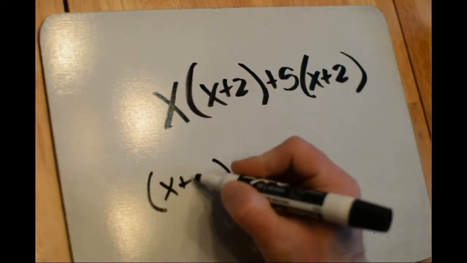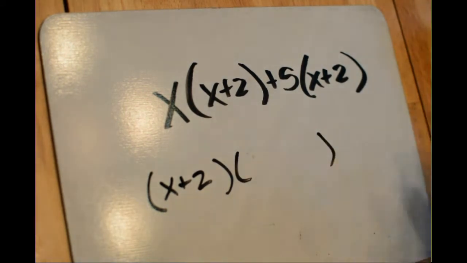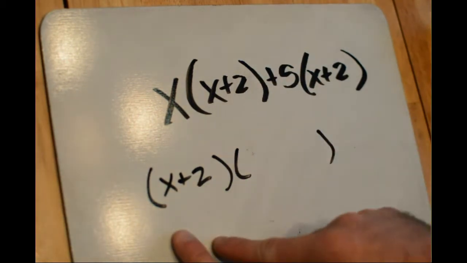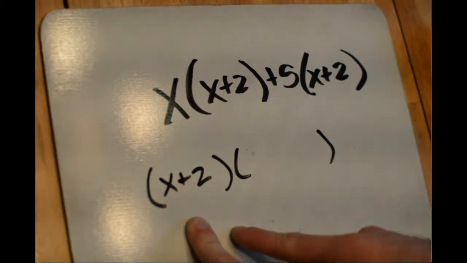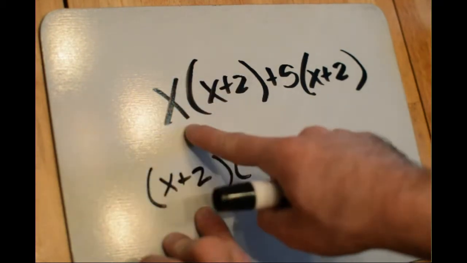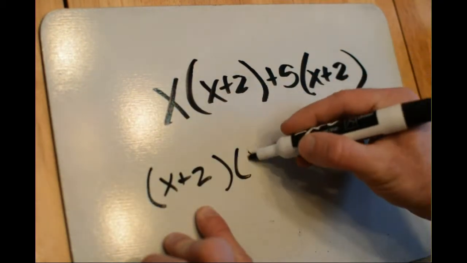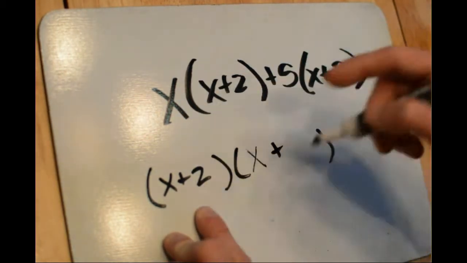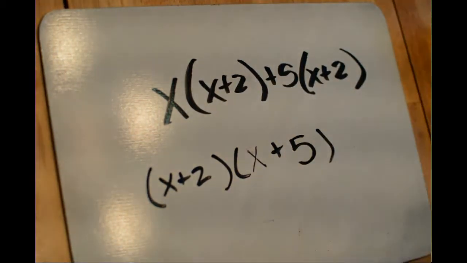Whatever you're factoring out, you're writing that on the outside of some parentheses. So I'm taking this factor and bringing it out, I'm factoring it out. What am I left with when I factor that out from each? Well, I started with x times x plus 2 here and factored that out, so I'm left with x, plus I had this 5 here, I factored out the x plus 2, and so I have 5.